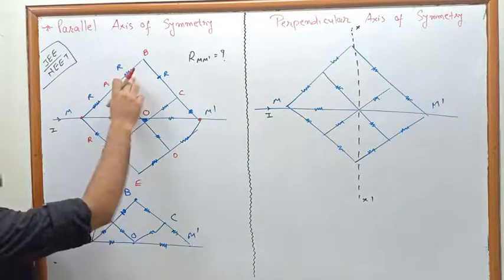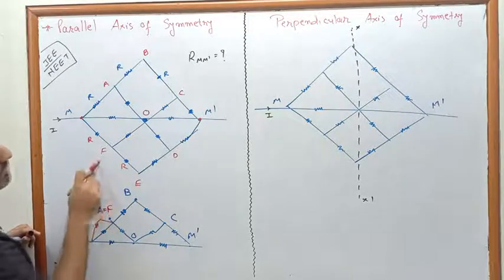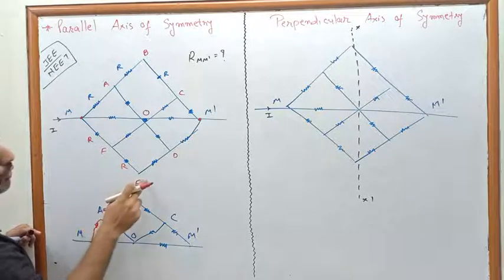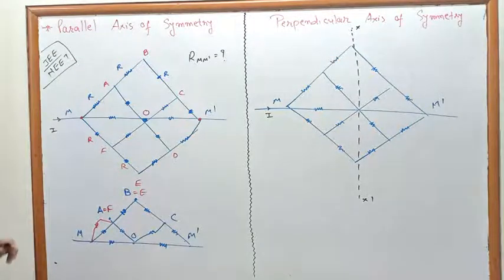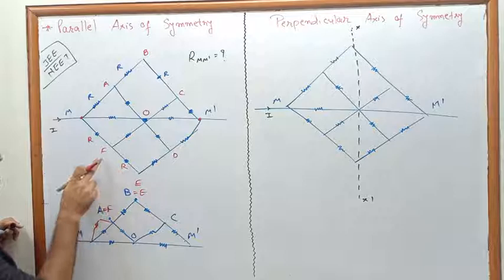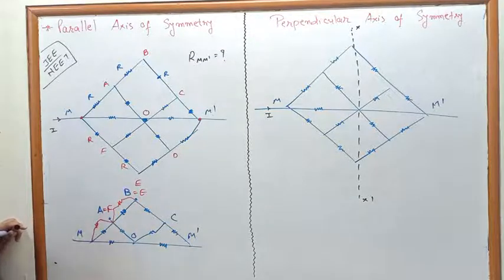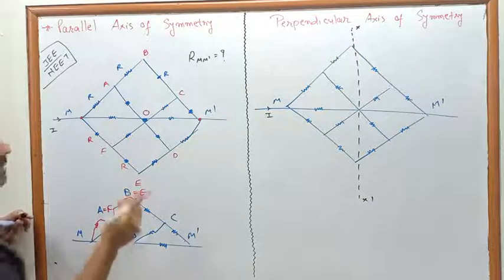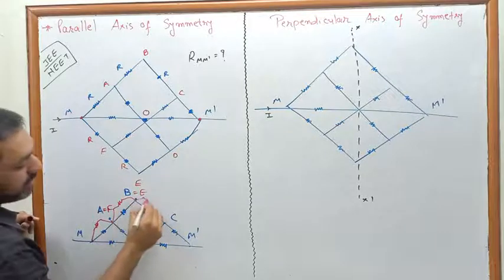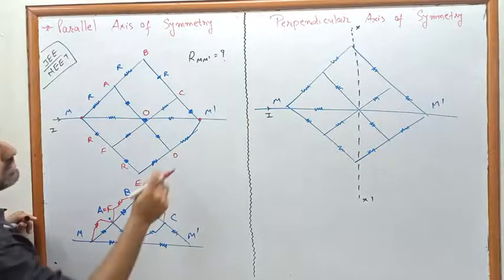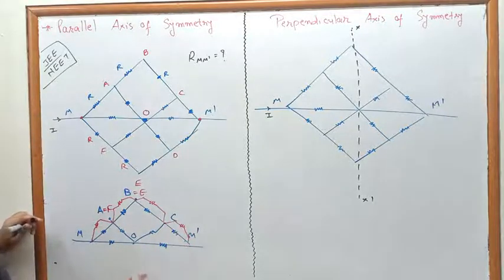Similar case, this R is between A and B, and this R is between F and E. So when you fold the network, B and E will be similar. So this R will be between B and E, like this. So this resistor and this resistor will be in parallel. Similar case, this and this will be in parallel.